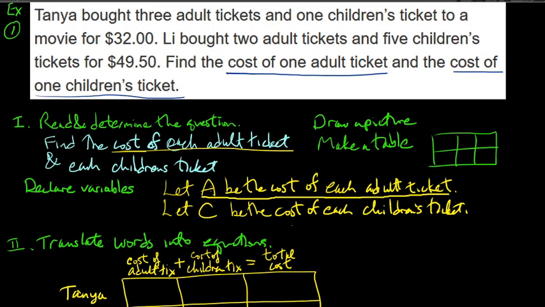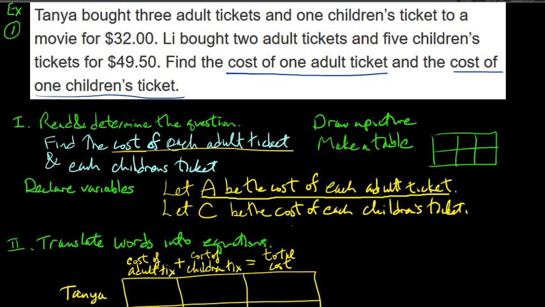If it's, let's say, $1 each, then it would be $3, right? Because 3 tickets times $1 each is $3, right? If each adult ticket was $8, then 3 times 8 would be $24, right? So A just represents the unknown amount of money that we have to spend for each ticket.